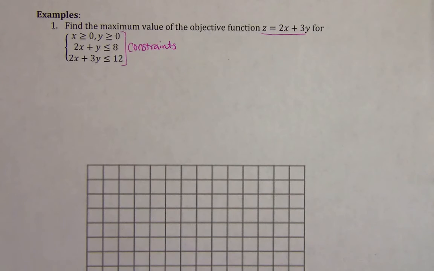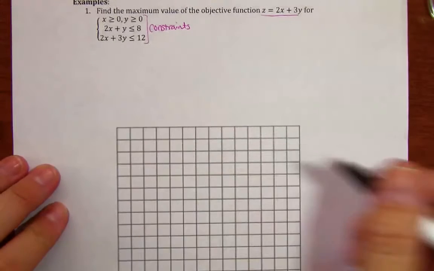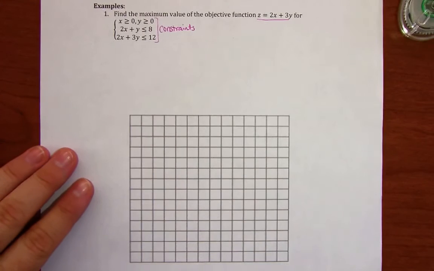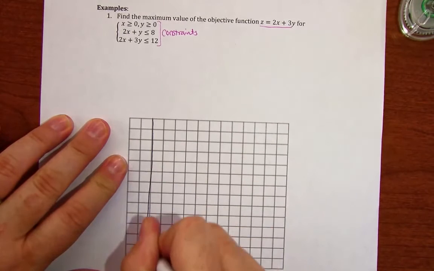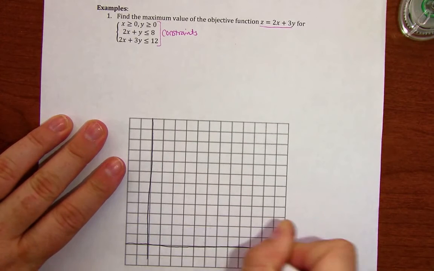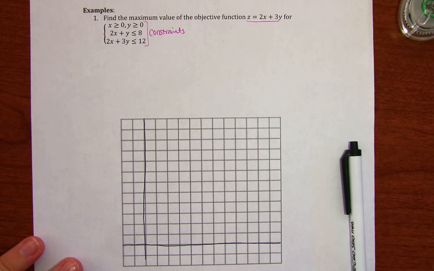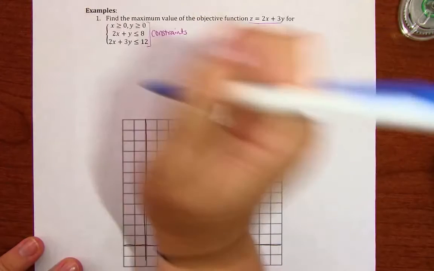I'm going to start setting up my graph here. I think I'm going to zoom out so we can get everything in here. And let's go a little further. Okay, so I'm setting up my graph here. And we're going to go ahead and just start graphing. So my first equation, I have x greater than 0 and y greater than 0.